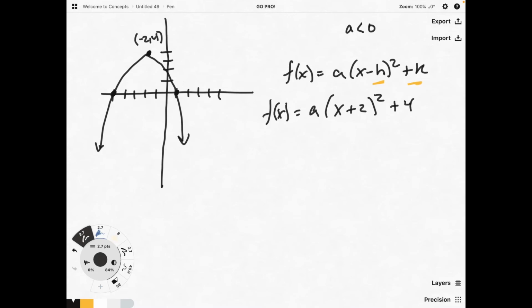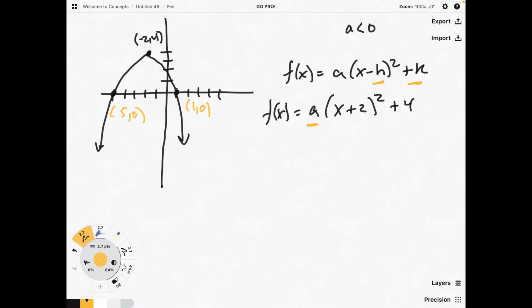Now what we need to do is solve for a. We also see in the graph that they have given us 2 x-intercepts. And if that's the case, then we can plug in one of those points. Again, one of those points is at 1, 0, and then the other point is at negative 5, 0.